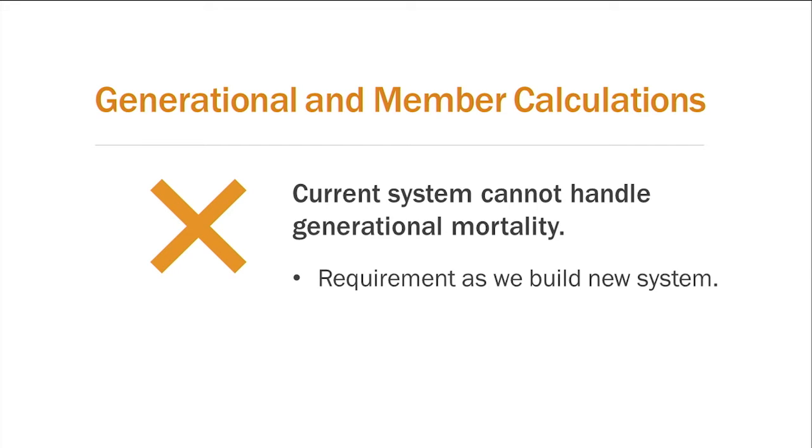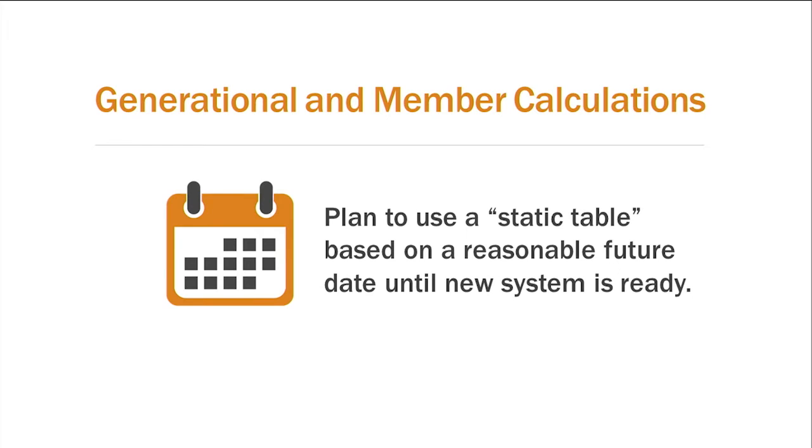But what we are planning to do, to ensure that we don't have a disconnect between our funding assumptions and the assumptions used for member calculations, is we will be looking to still use something similar to static for member calculations, using a table that we believe will give us the same average costs over the 4-year period as we would have had if we used generational.